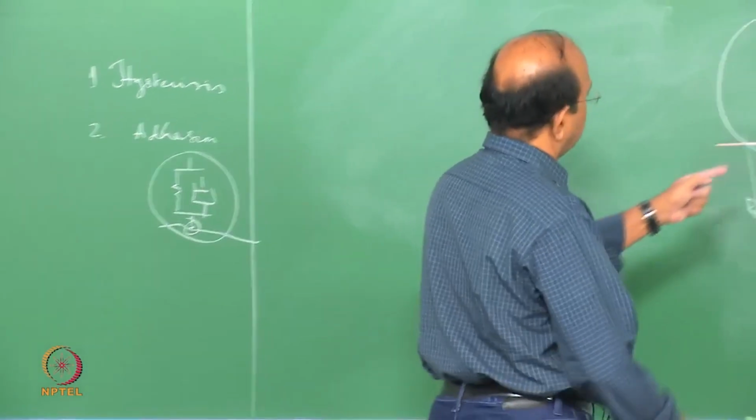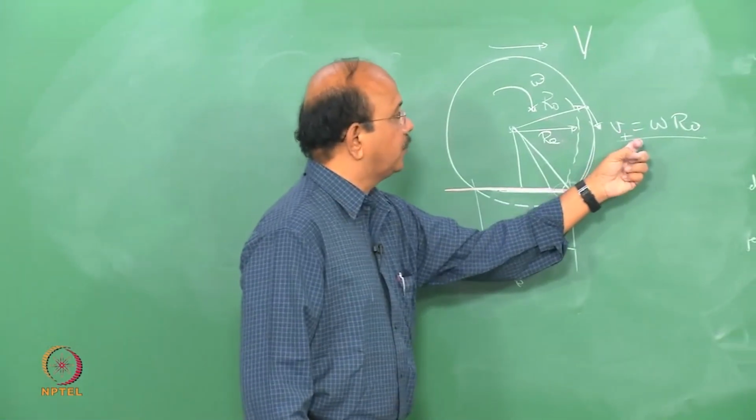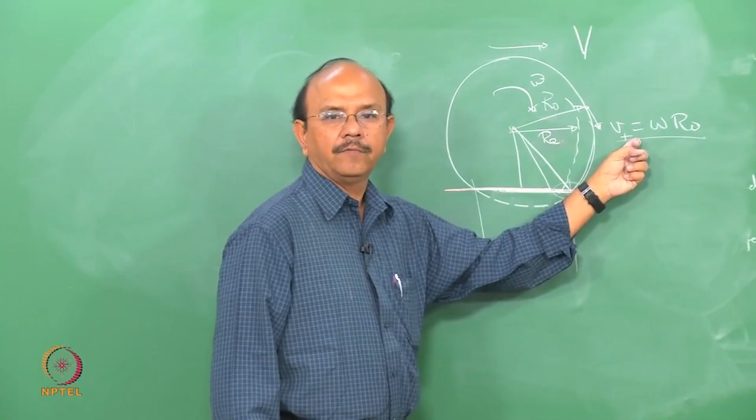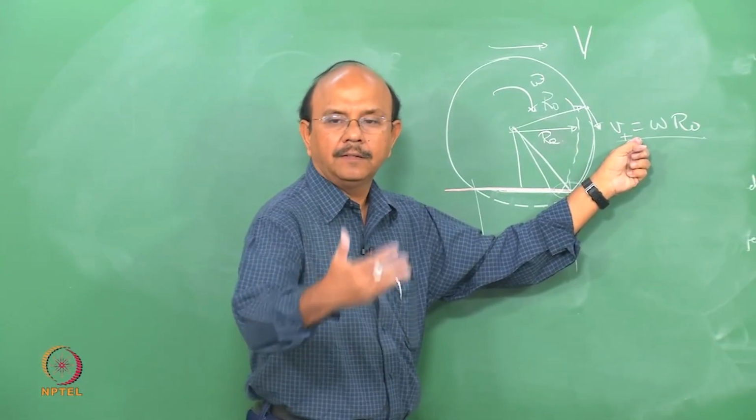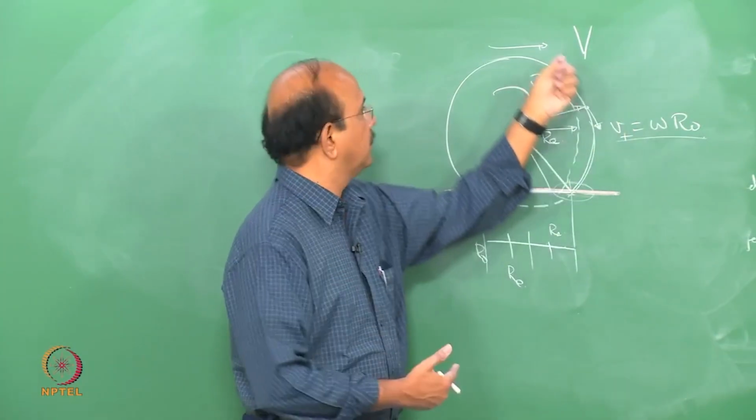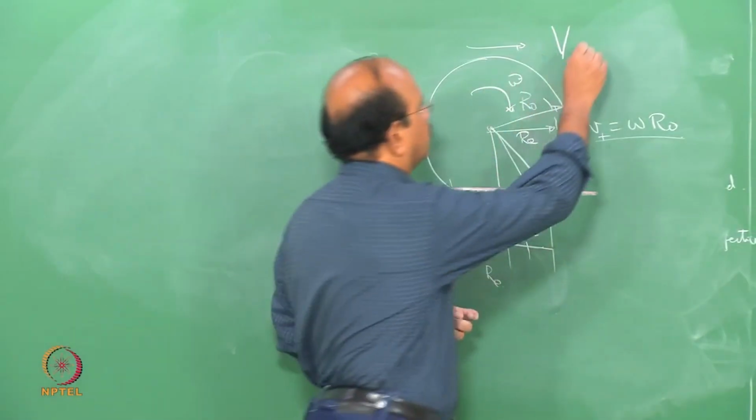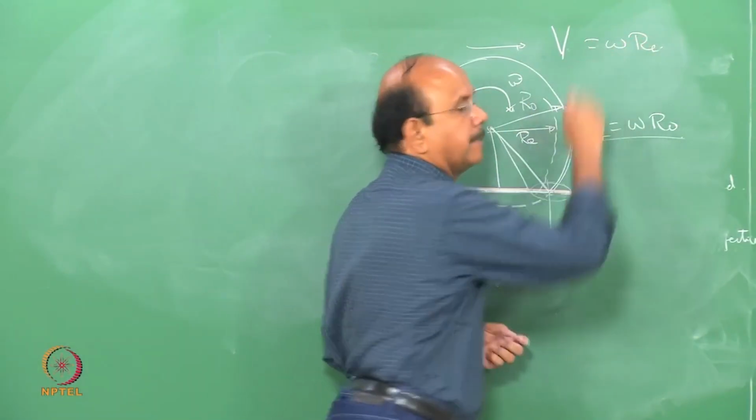Now, obviously, this tangential velocity will be more than the velocity of travel, which is equal to omega RE.